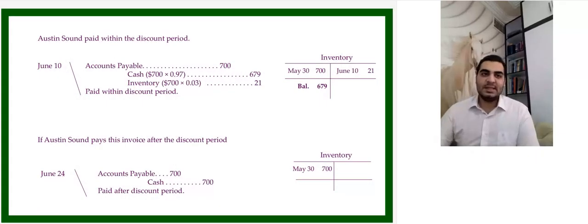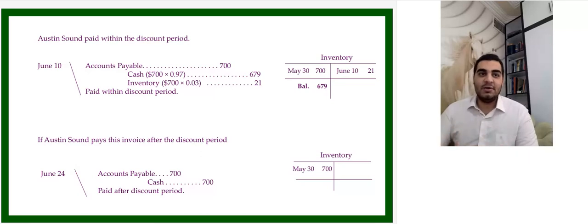Now let's see how this works in an example. Suppose Austin Sound paid within the discount period. So on June 10th, accounts payable is debited for $700. Then we're going to deduct the 3% of the accounts payable debt.